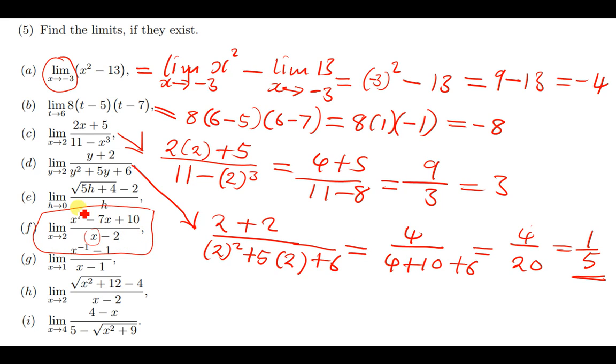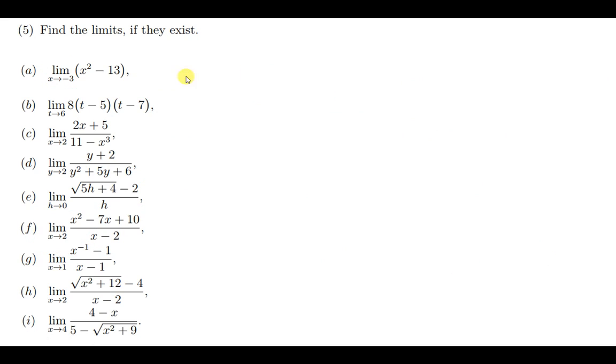Let us try to factorize the numerator there. So I'm solving this one. We have x squared minus 7x plus 10. The product here is 1 times 10, so the product is simply 10.